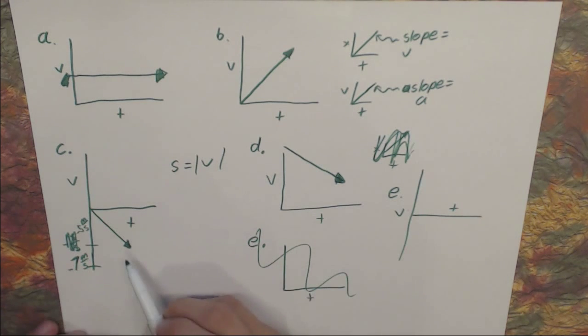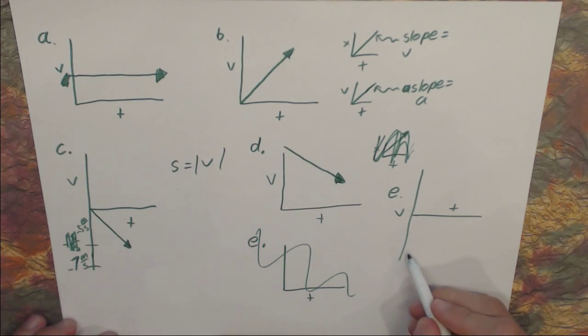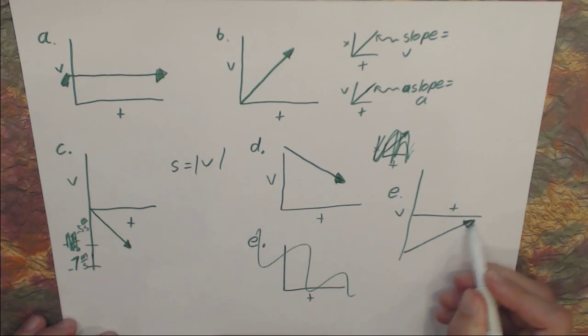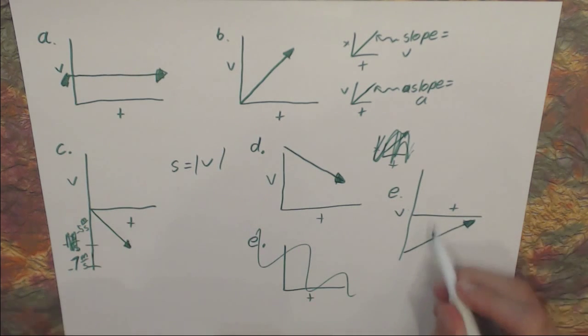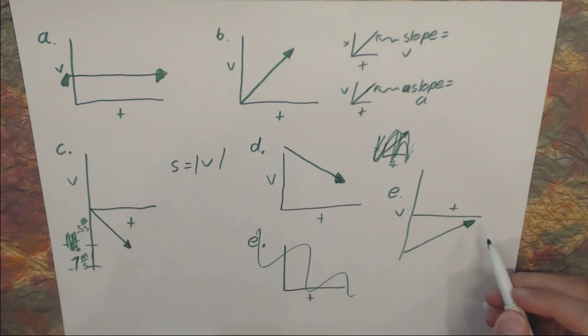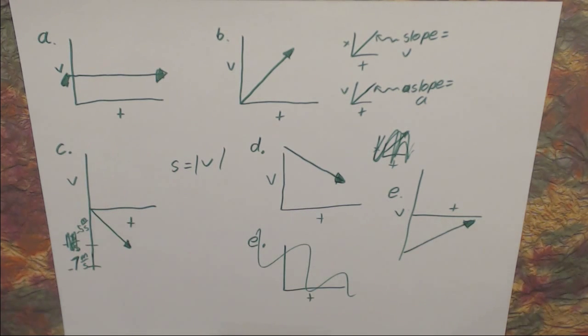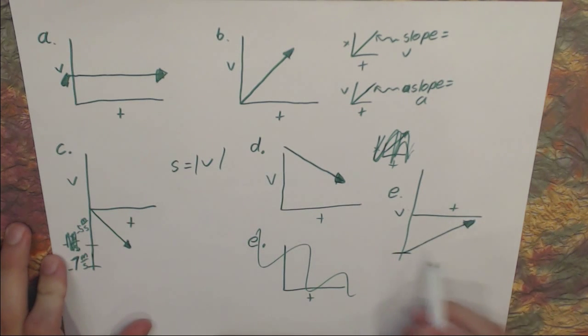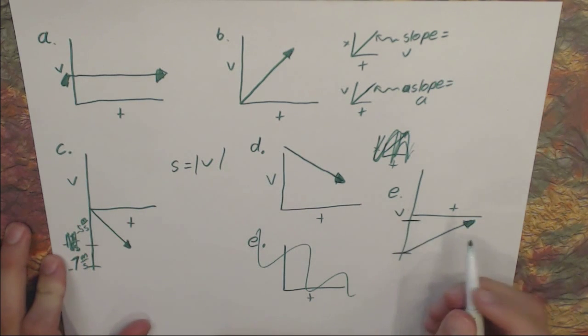So that means its speed is decreasing. And like we talked about over here with the absolute values and such, that means the graph is actually going to look like this. Because it's moving in the negative direction, because the velocity on this graph so far is always negative. But it's slowing down because this speed here is less than this speed here.